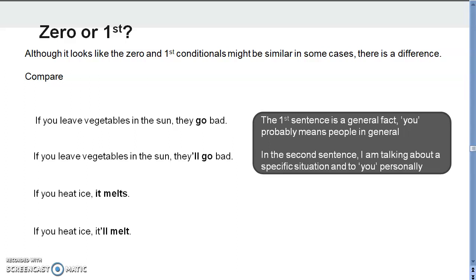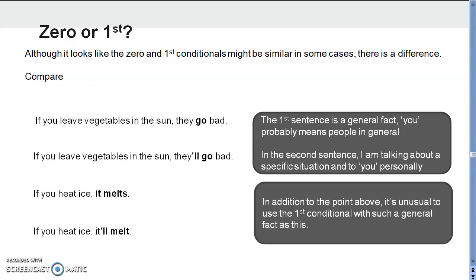In this other example, if you heat ice it melts, is general, it's also very typical to use a zero conditional there, because why do I need to talk about you personally? This is a general fact that everybody knows. So if you heat ice it will melt. Really? You surprise me. So people would not expect a first conditional sentence for such an obvious situation.